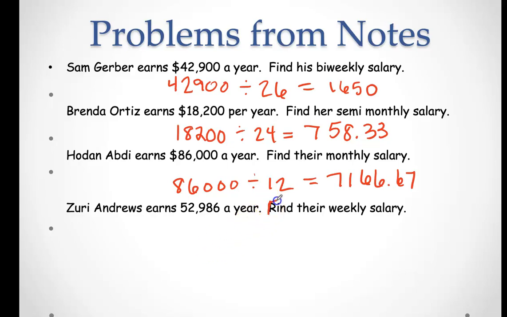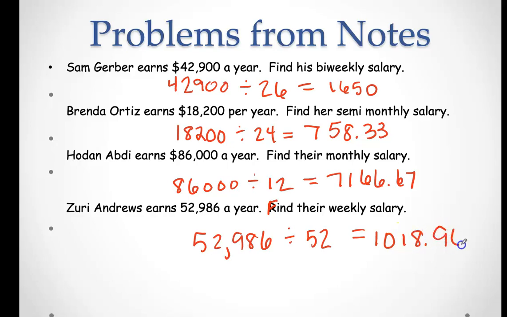Find, oops, there's a typo. Find their weekly salary. So you take 52,986, divide by 52, and you get $1,018.96. Please let me know if you have any questions. Otherwise, you can go on to the practice.